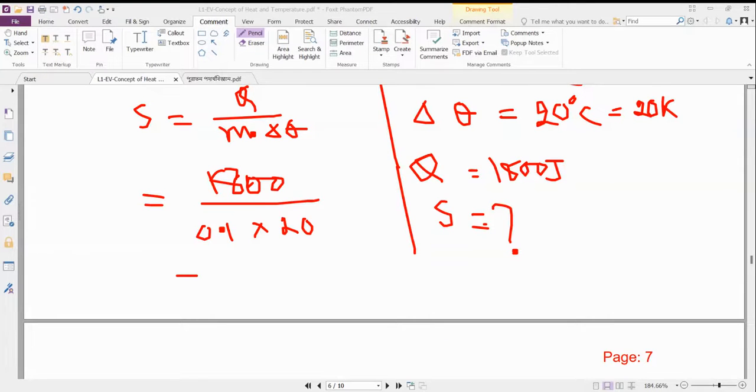We can calculate this as 1800 divided by 0.1 times 20. Okay, so the answer is 900 joule per kg per Kelvin.